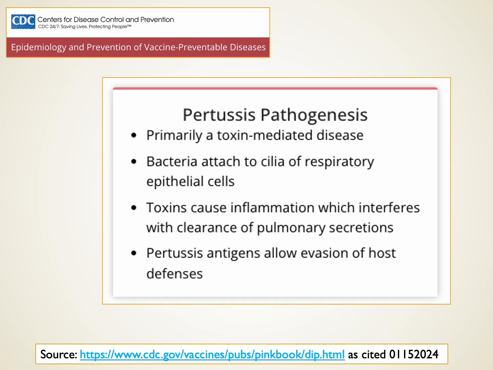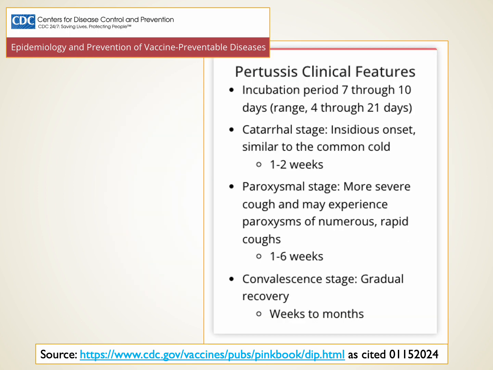Pertussis is primarily a toxin-mediated disease that causes significant pulmonary inflammation. The clinical features have an incubation period of up to 10 days, and then a more severe cough, often with some very serious coughing, and with recovery. And the coughing has a classic whoop, hence it's called whooping cough, but it has some complications too.